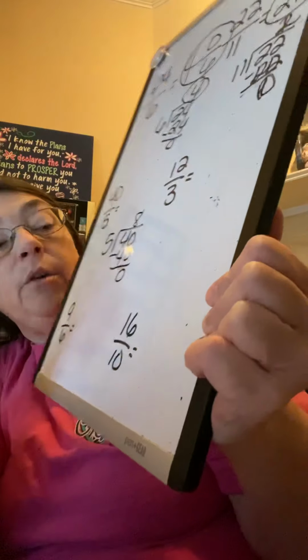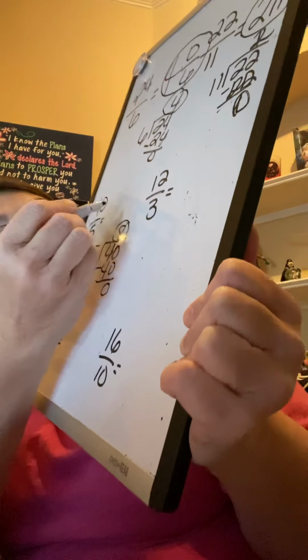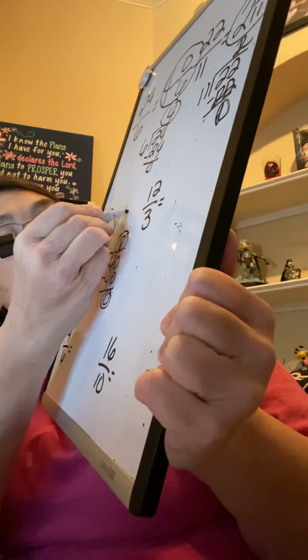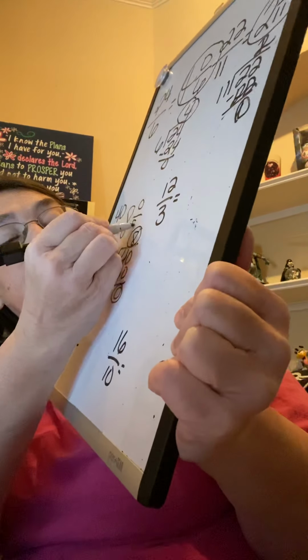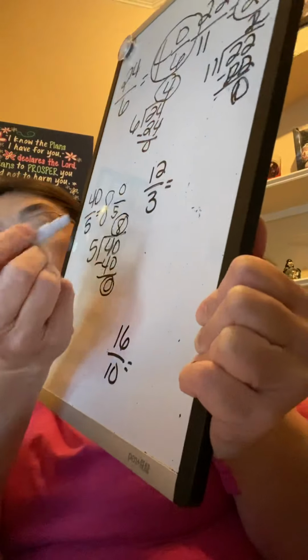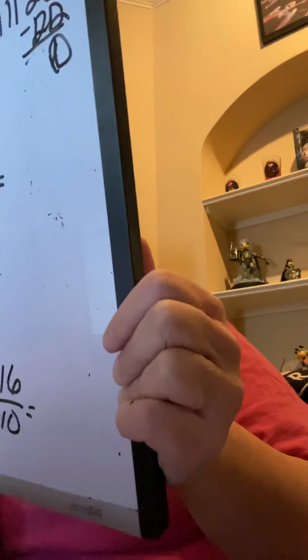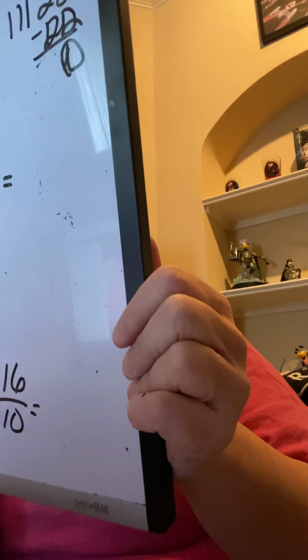And I get 0. So this is my whole number. This now becomes my numerator, and my denominator stays the same. So I get 8 and 0 over 5, or 8, whichever answer you want to put.